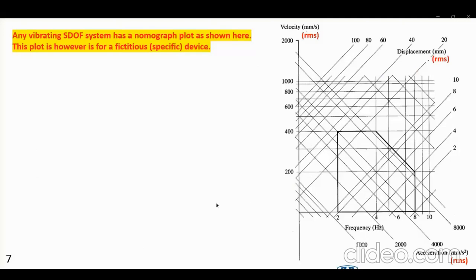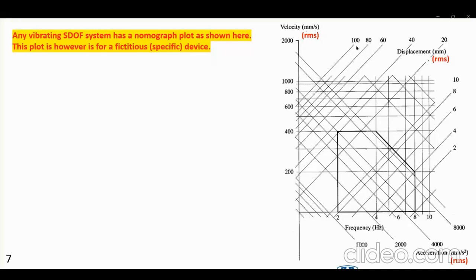So here is a typical nomograph plot. Remember that this horizontal axis is logarithmic frequency Fn, and this is the logarithmic axis for velocity, VRMS. So it is a log plot of log of V versus log of Fn. Notice that these are different levels of displacement.